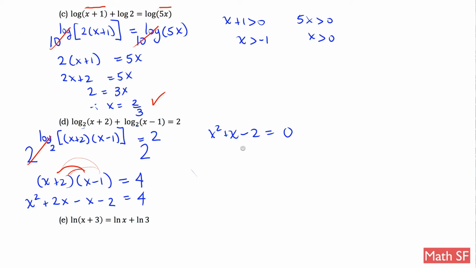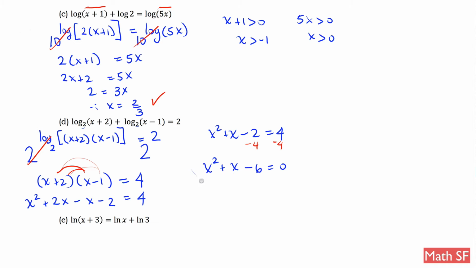This equals 4, sorry, that should be a 4 there. I'm thinking about the 0 because we have to isolate for that. We have to make a 0 on one side when solving a quadratic equation. So I'm going to subtract 4 from each side, and this is what I get: x squared plus x minus 6 equals 0.